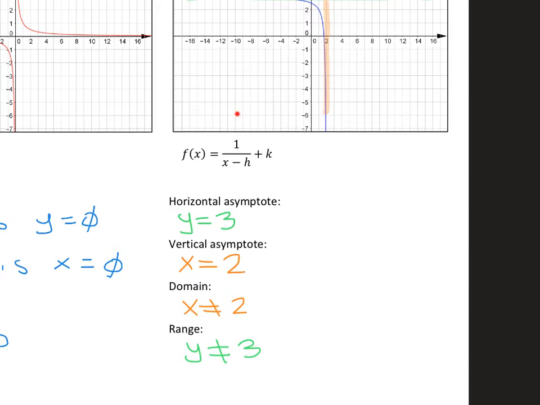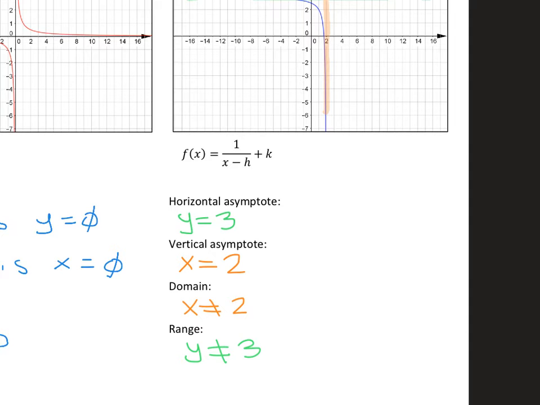So let's take a look at a generalized function for a translated reciprocal function. As was the case the entire year with all functions, if we change our x dimension, that's responsible for moving left and right. Specifically, if we subtract, we go to the right. If we add, we're going to the left.